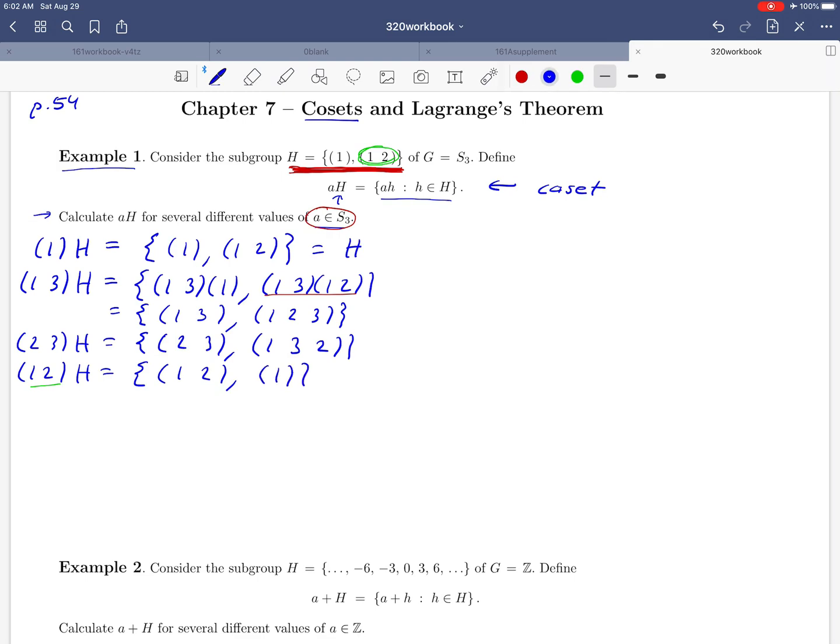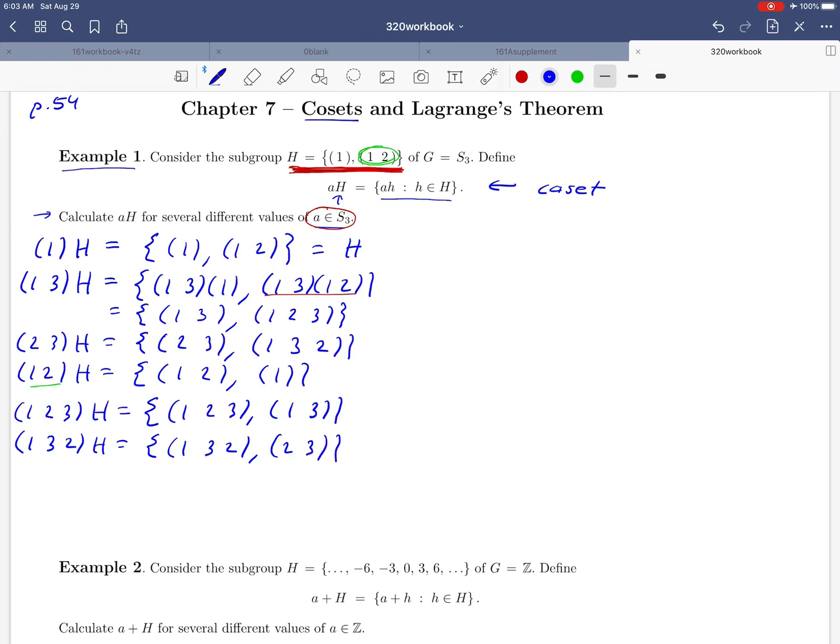We've got 4 down, 2 more to go. (1 2 3) is also a permutation in S3. We multiply that through by the elements of H, and we get (1 2 3) for the first one. Then (1 2 3) times (1 2), you can check and verify that you get (1 3). And 1 more to go. (1 3 2) times H is going to give us (1 3 2), and (1 3 2) times (1 2) would give us (2 3), if you check my calculations there.